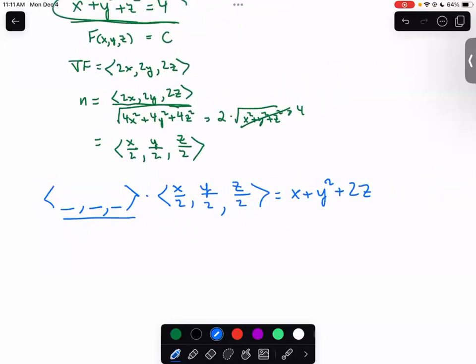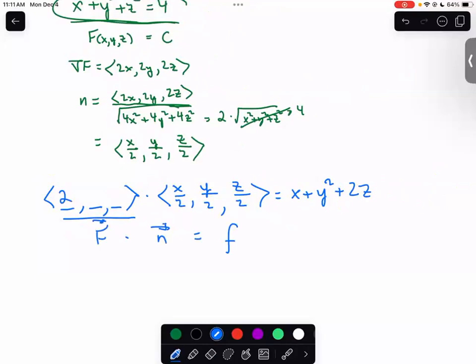Can anyone tell me a vector field that when I dot product it with my normal vector, right? Again, this is supposed to be F dot n here, is equal to my function I'm interested in. What do you like for the first component? 2. Why do you like 2? Well, it's because 2 times x divided by 2 is equal to x. And so that's quite convenient.